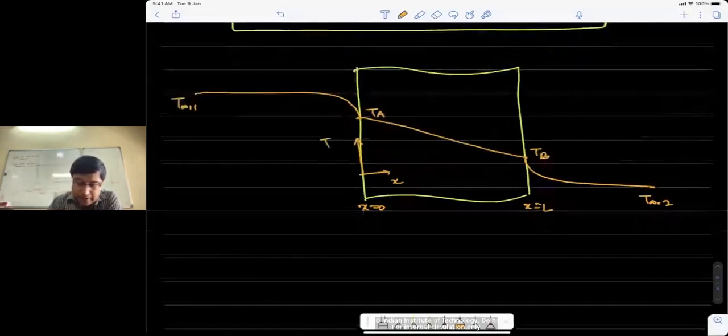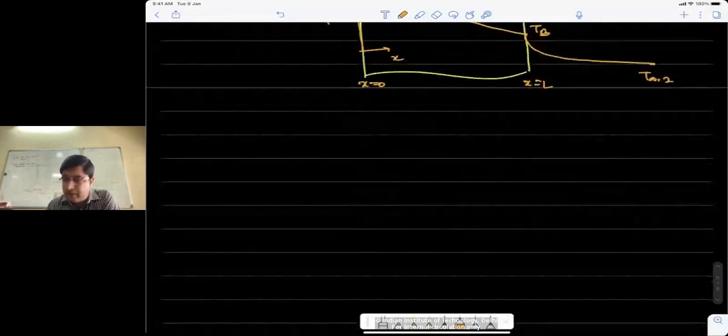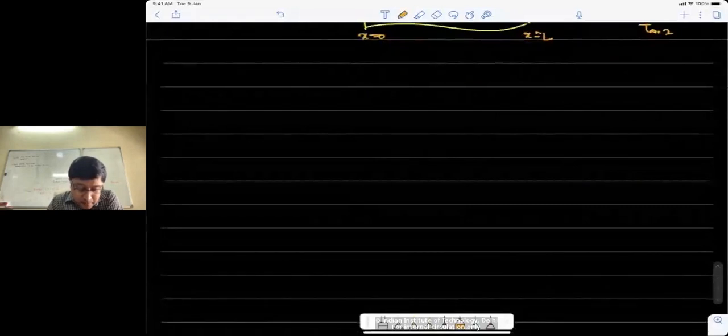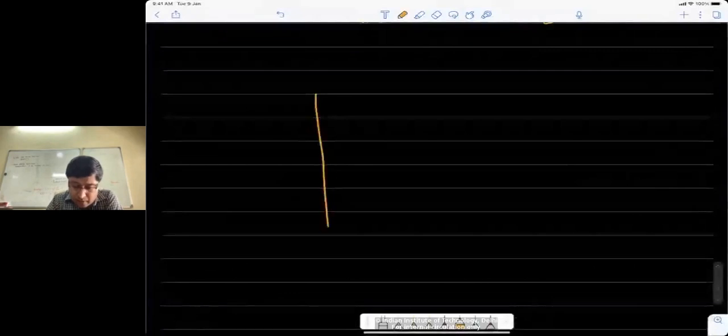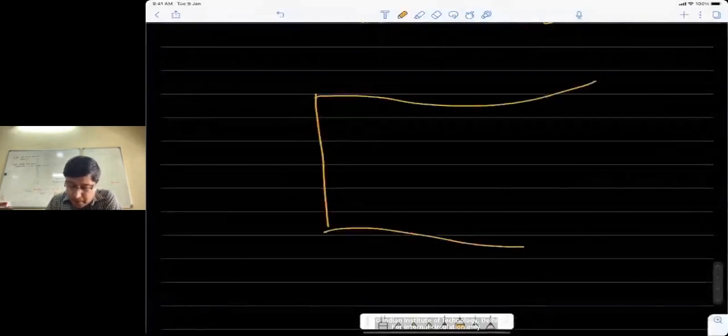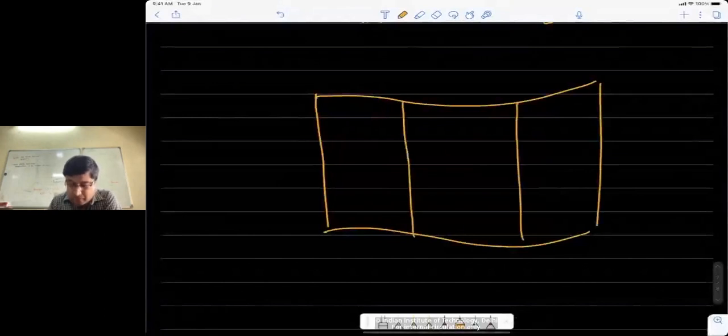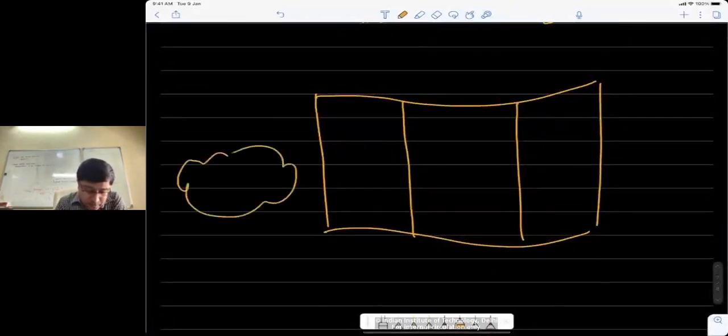So one thing that I wanted to do, and maybe I'll just leave it for you to figure out, is that if we have, let's say, a composite system, not just one but multiple slabs put one after the other. Let's say we take three slabs next to each other, and again we have a surrounding fluid.